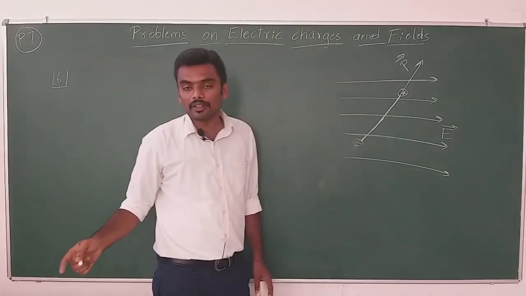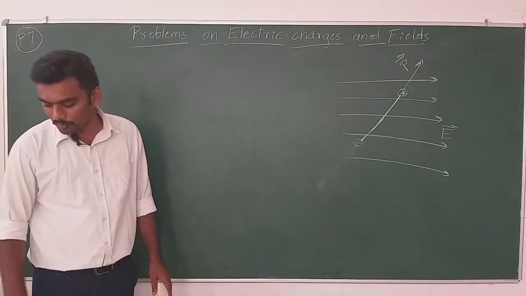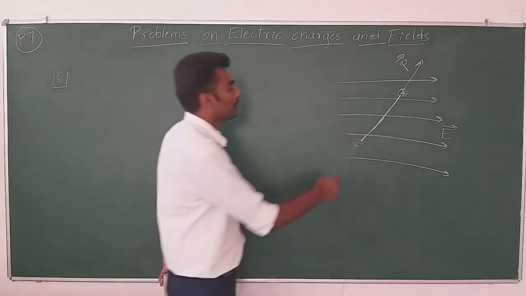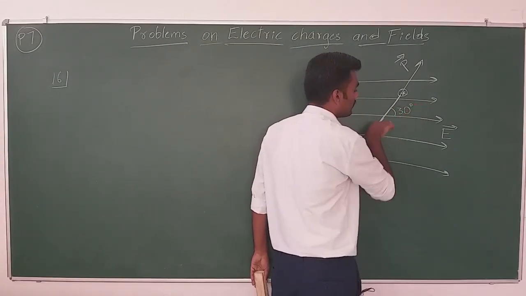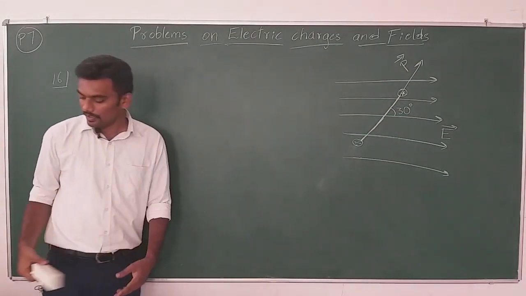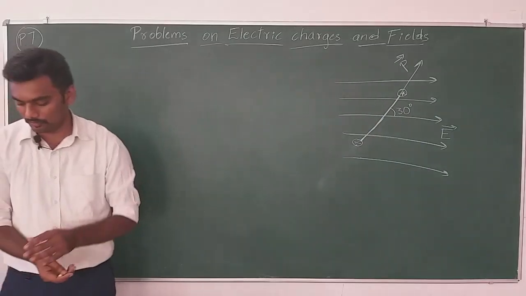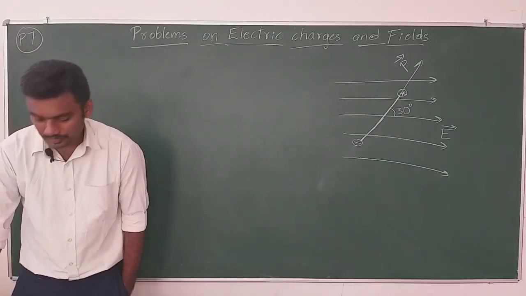And according to the given data, the angle between the electric dipole moment and the electric field is 30 degree, right? The angle between P and E is 30 degree, and they are asking us to find the torque acting on the dipole.